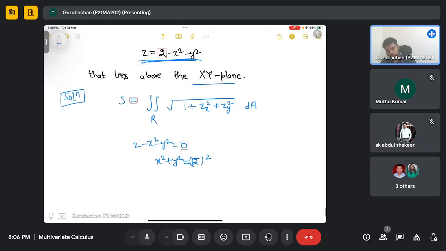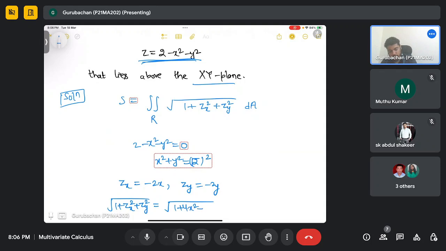Now you need to calculate the values of zx. zx is minus 2x and zy is minus 2y. Now, under root, 1 plus 4x square plus 4y square.